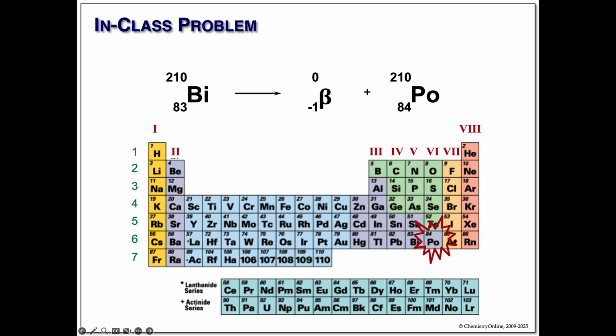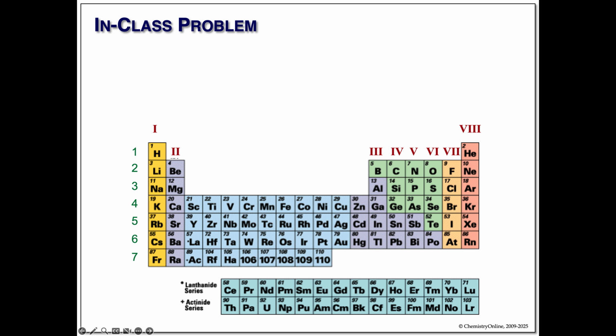Well, polonium-210 is an interesting nucleus. It's an alpha emitter, but the alpha particle that it emits is extremely energetic. For an alpha particle, it is the most energetic.